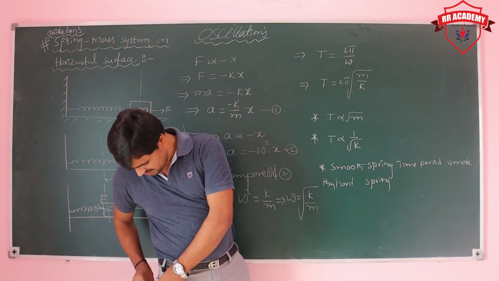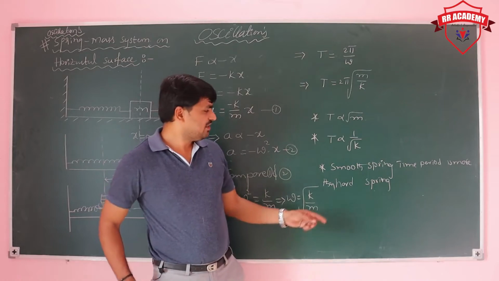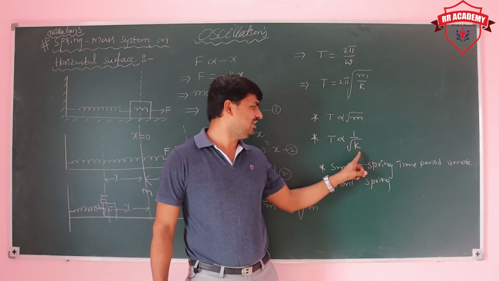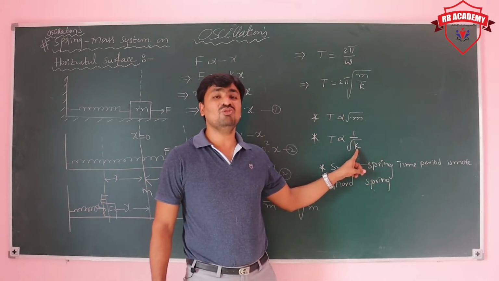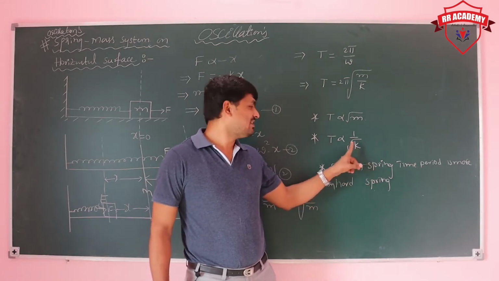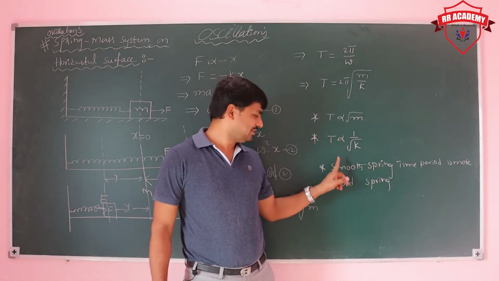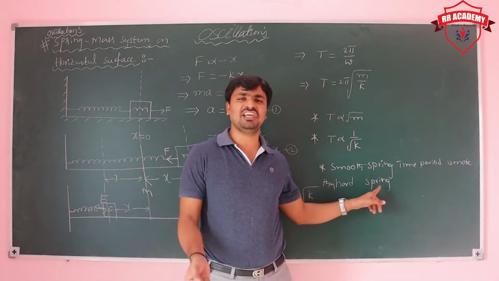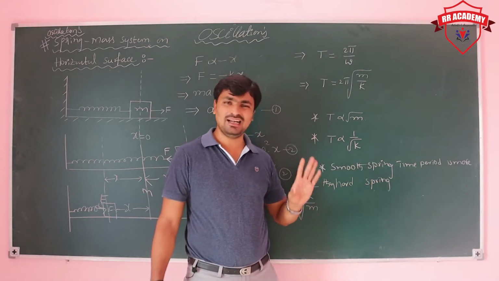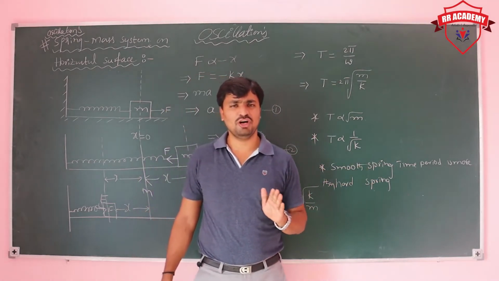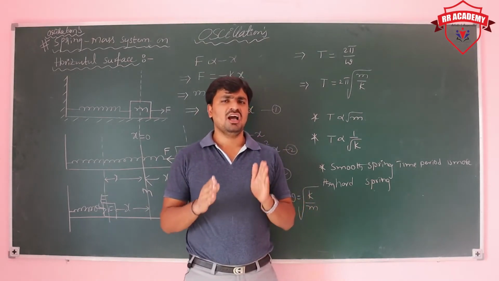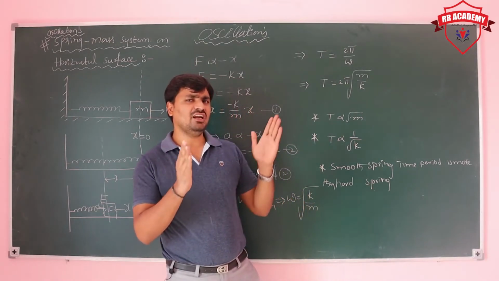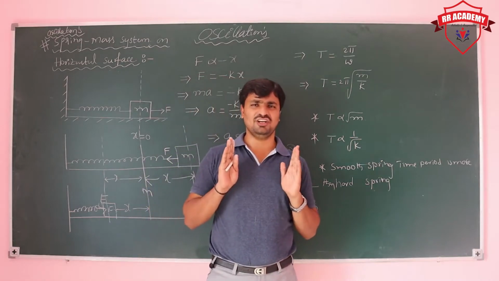What is the meaning of that? A smooth spring has a lower k value, so the time period is more, and a hard spring has a higher k value, so the time period is less. Very important point you have to remember. And by changing the value of k, the time period also changes continuously.